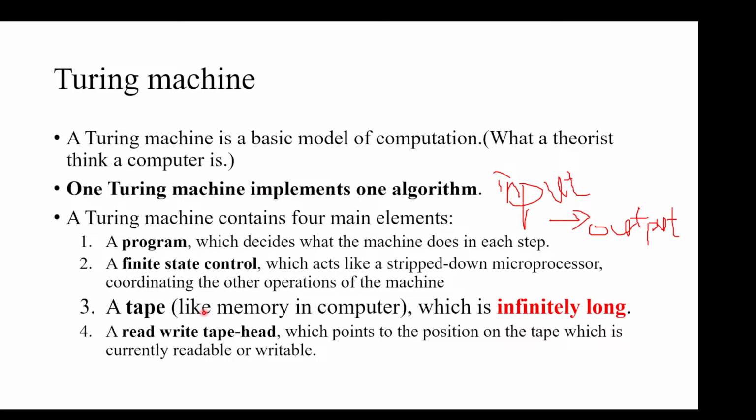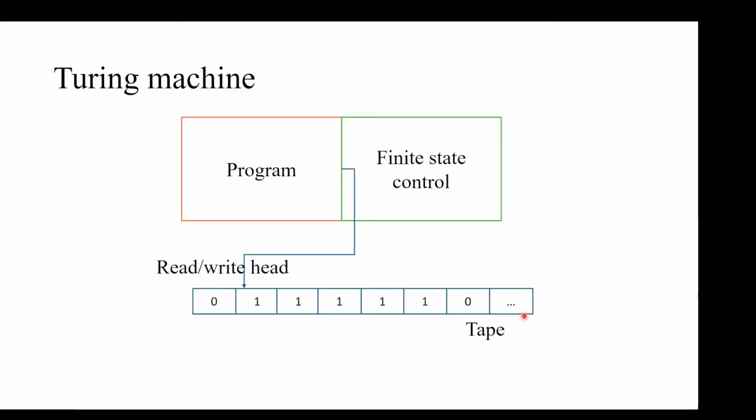Okay, and so the very important feature of the Turing machine here is that the tape is infinitely long. The tape here has 3 small dots, and this means that this tape is theoretically infinitely long.